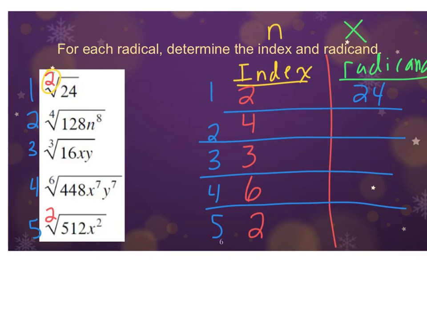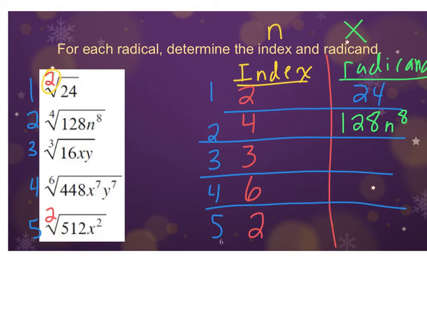Go ahead and tell me what the radicand for number 2 is. This one might have been a little tricky, but you should have said 128 n to the 8th. So it is the whole thing. Every single thing that is under that radical is the radicand.